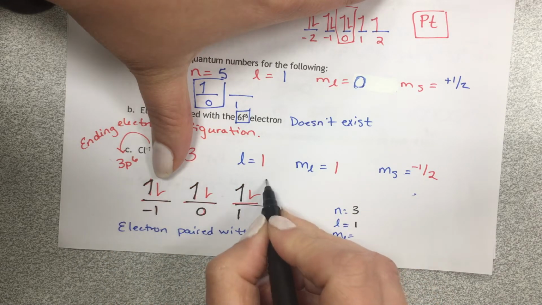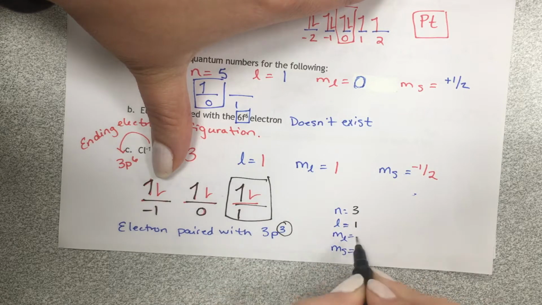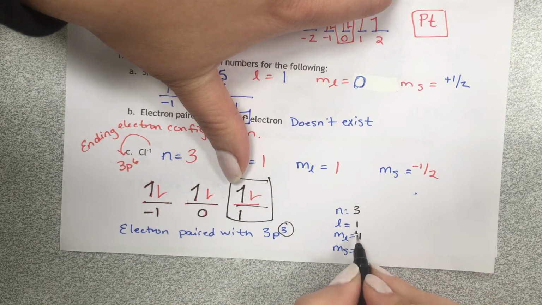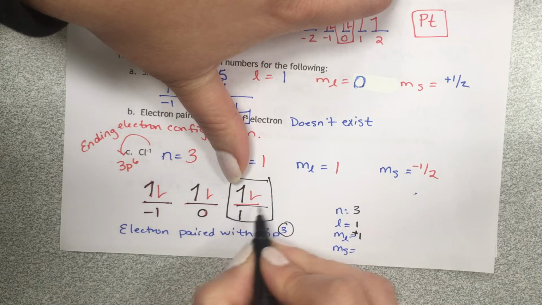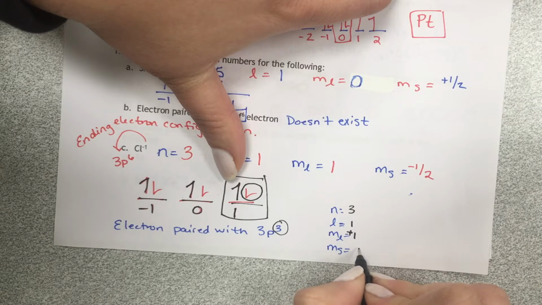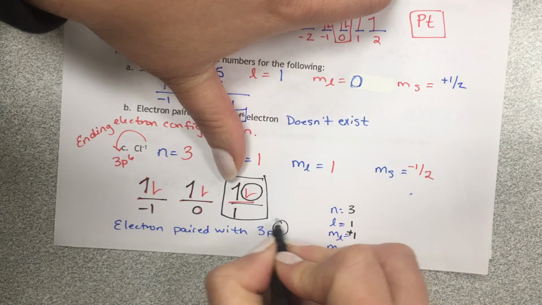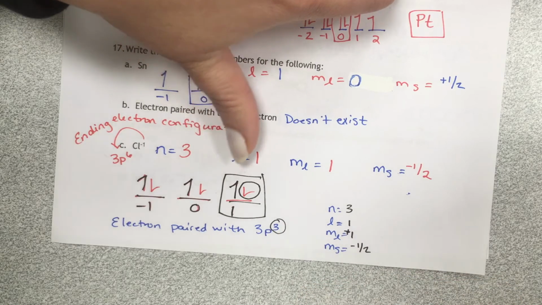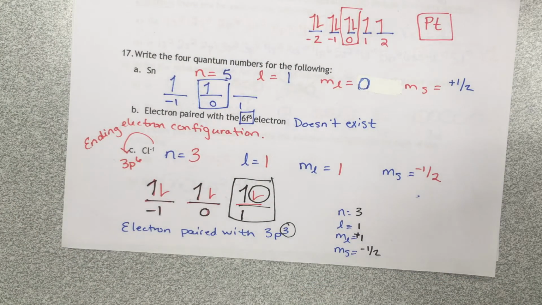So this is 3p3, this one, okay? So m sub l is 1, plus 1 if you want to add that, okay? So the electron paired with it is that. So instead of +1/2, because that is 3p3, the electron paired with it would be a -1/2, okay? So that's it.